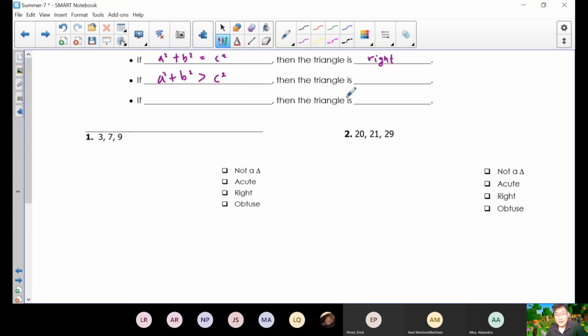Then we have either acute or obtuse. Obtuse triangle, acute triangle.